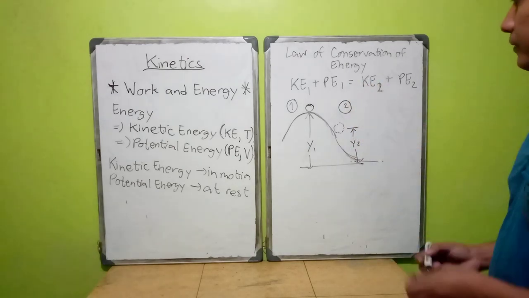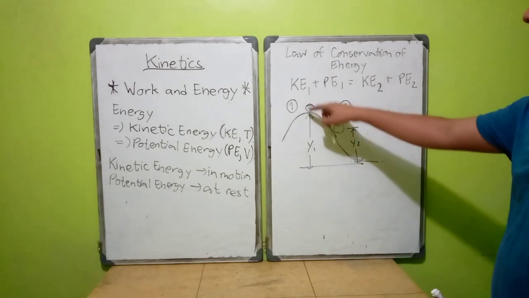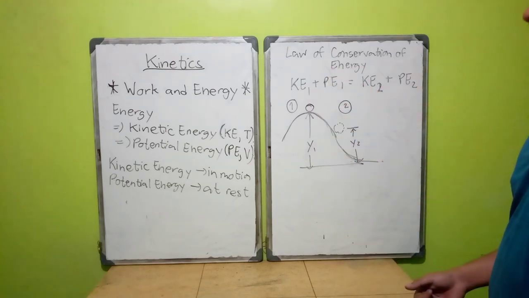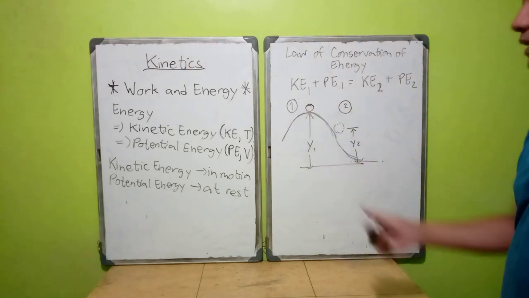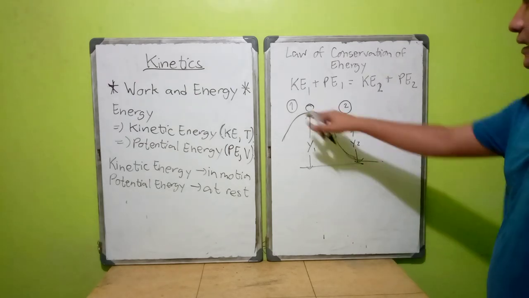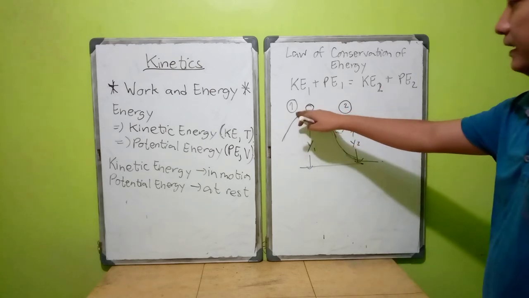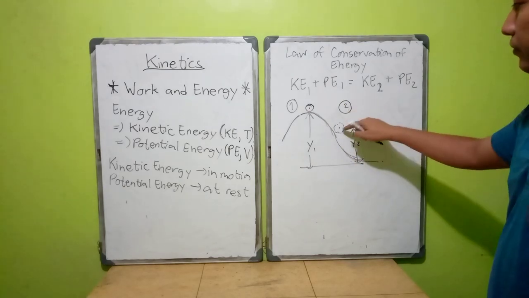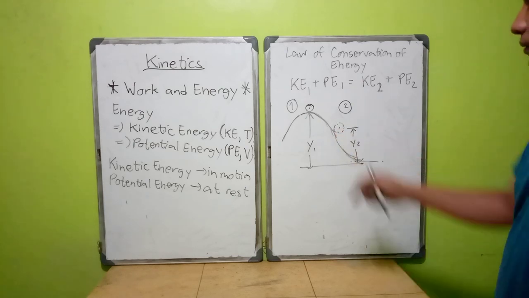When it is at the top of the hill, this is denoted as the initial point, point 1, and here it is point 2, at the time in which it rolls down.